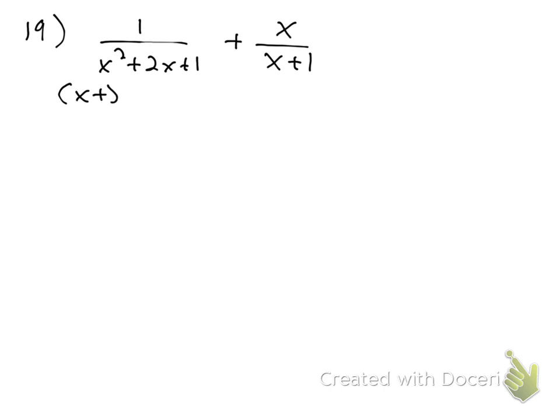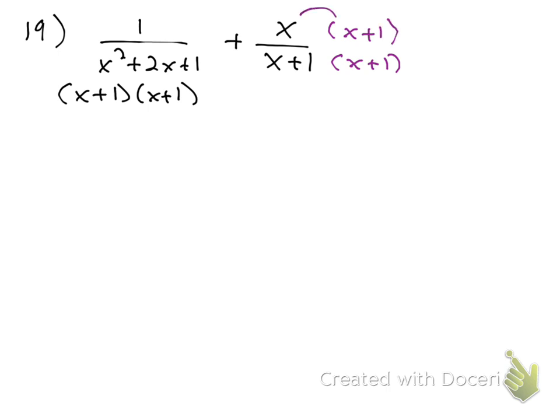19, 1 over x squared plus 2x plus 1 plus x over x plus 1. If we factor the denominator here, that would be x plus 1 times x plus 1. So I need to multiply the right side by x plus 1.